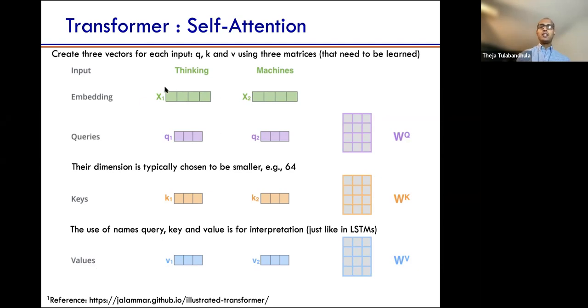So X1 times WQ produces Q1, X1 times WK produces K1, and X1 times WV produces V1. Similarly, X2 times WQ produces Q2, and so on. So now we got the two initial input vectors from which we produced three typically smaller dimensional intermediate vectors called queries, keys, and values. There are specific names given to these because of the type of operation that we're going to describe next.